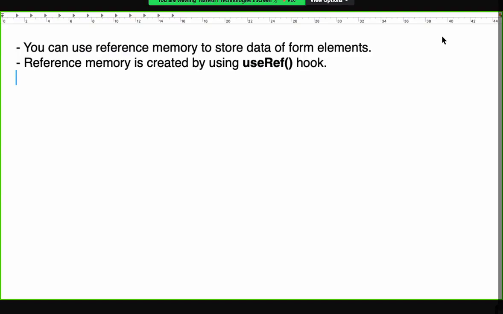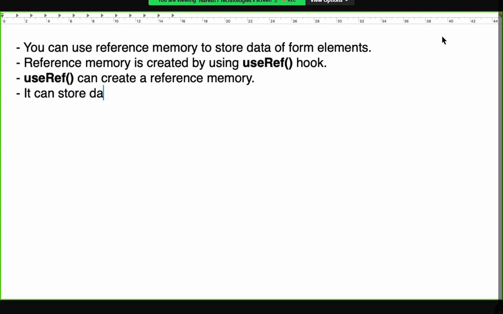That means how it works, I will show you. Actually, what useRef can do is create a reference memory. The advantage of reference memory is that it can store data and use it across multiple requests.